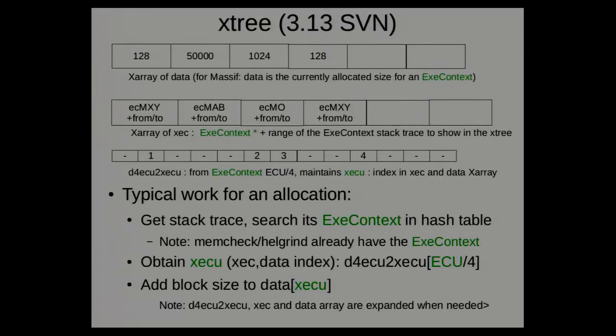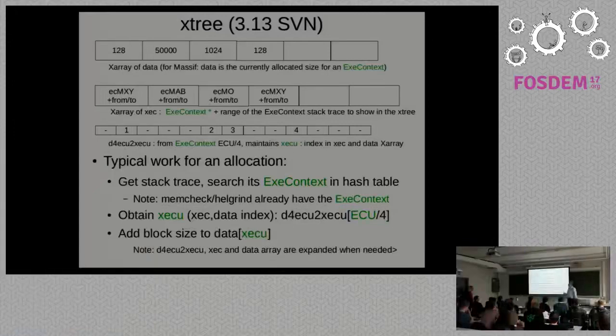Of course, these arrays start with a small size, and then they are expanded if needed. So if we have new exec contexts which have an EQ bigger than this, we will reallocate this array, and similarly, these arrays will also be reallocated.